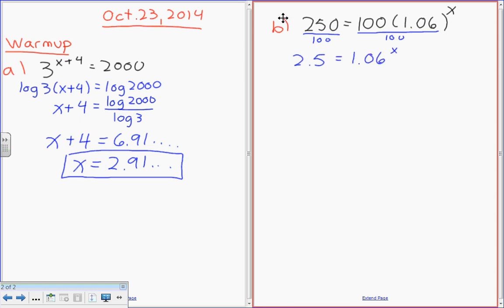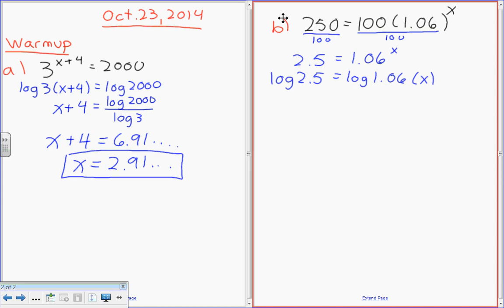Wonderful. All right, Kristen, what do I do now, please? Log 2.5 equals x times log 1.06. Great. Madison, next step's going to be what?